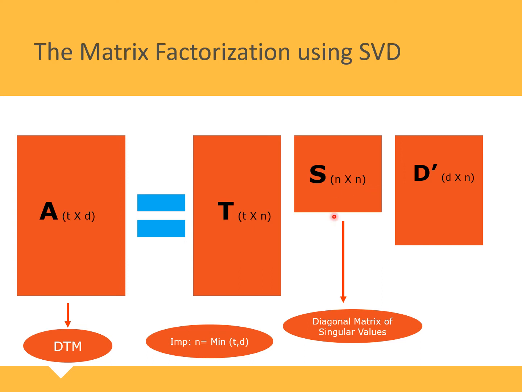By zooming in, not on all of the n singular values, but only on the top k singular values with respect to their magnitude, we are stripping off some rows and some columns from this matrix S and making it significantly lower in dimension. That also means I'm stripping off some of the columns of T and some of the columns of D as well.